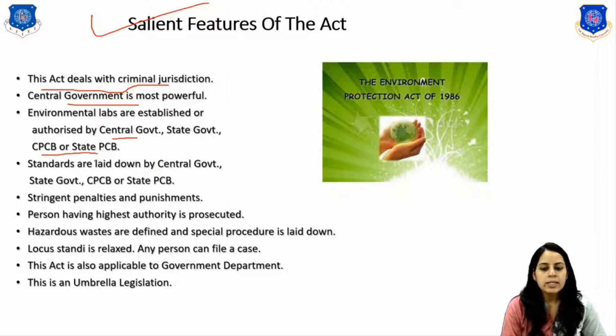Standards are laid down by the central government, state government, CPCB or SPCB. There are stringent penalties and punishment, and the person having the highest authority is prosecuted. Hazardous waste is defined and a special procedure is laid down. Locus standi is relaxed and any person can file a case. The Act is also applicable to government departments, and it is an umbrella legislation.